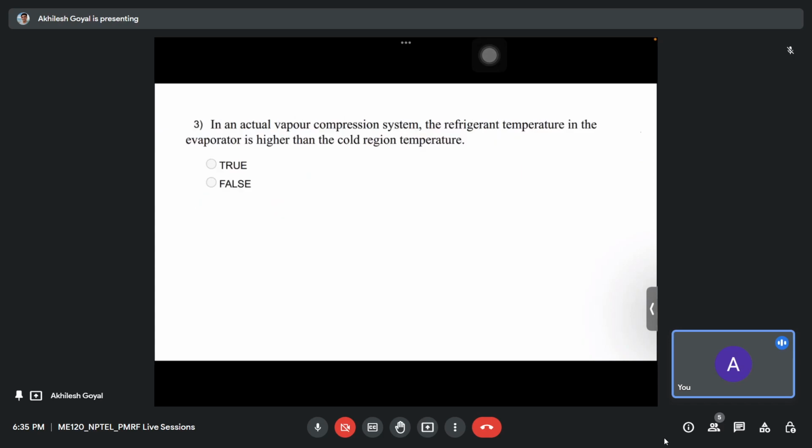The next one is: in an actual vapor compression system, the refrigerant temperature in the evaporator is higher than the cold region temperature. Okay, so let's see. What the question says is, this is the evaporator, and this whole is the cold region.